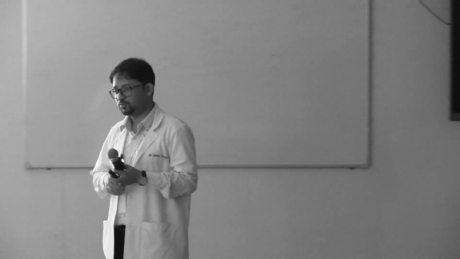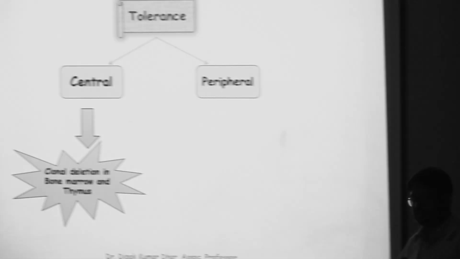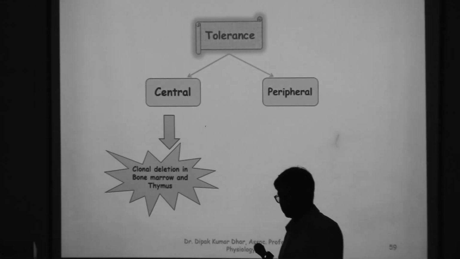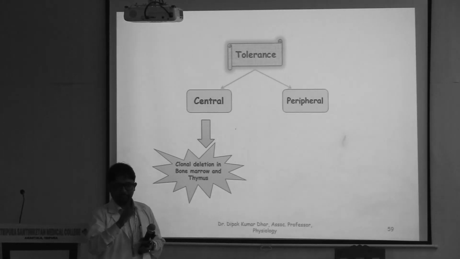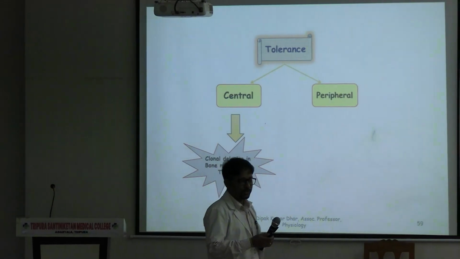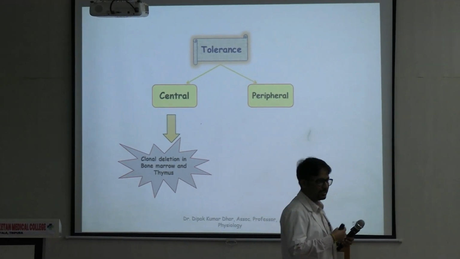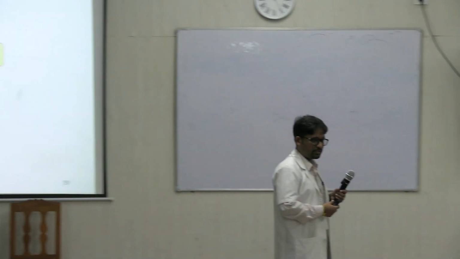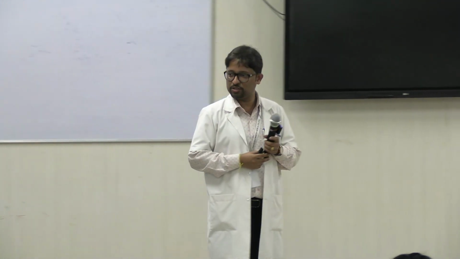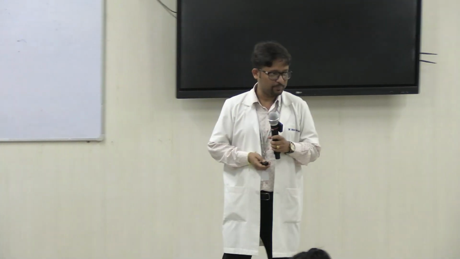In B cells we have seen clonal selection, where a certain type of B cell was selected. So in the thymus, wherever a T cell or B cell is found that is reacting against the body's tissues, those clones are deleted. So that is called clonal deletion.